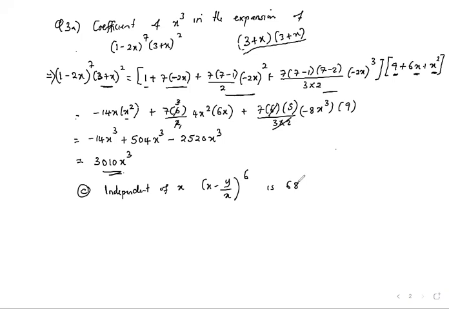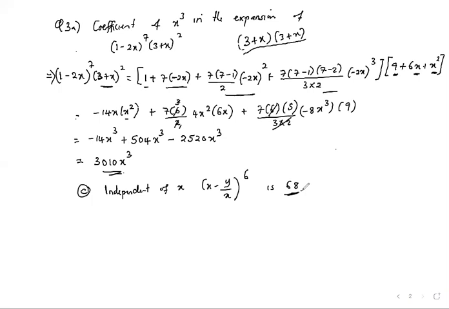When you expand, you discover that the term independent of x is going to be 68. But looking at what you have, you may not see the 68. It will be hidden in some y.